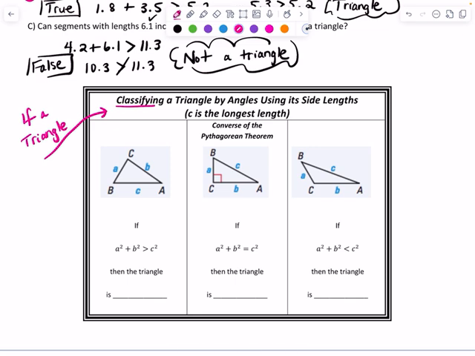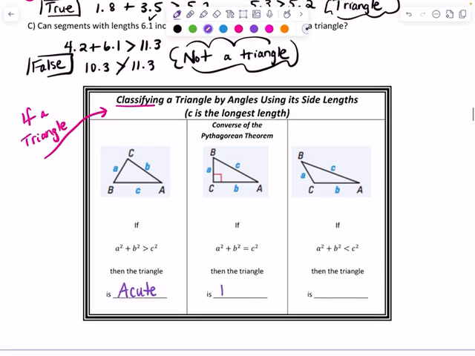In the first picture on the far left, if we know that the sum of the squares of A and B is greater than C squared, then the triangle will be acute. If we know that the sum of the squares of A and B is equal to C squared, then it is a right triangle. We'll just look at the picture. And then lastly, if the sum of the squares of A and B is less than C squared, then it is an obtuse triangle.